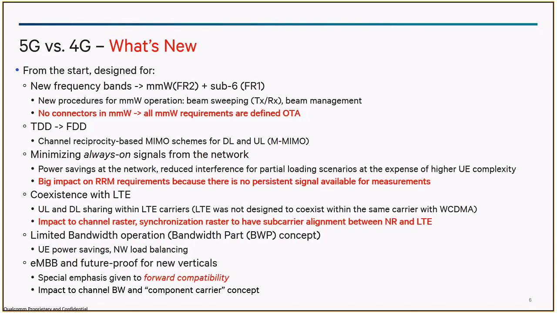For example, a network can deploy a 20 megahertz bandwidth and then ask the UE to focus only on 5 megahertz, which is its portion to monitor. Since it doesn't have to monitor outside of that, the LNA can do a scan of 5 megahertz in probably a few milliseconds, whereas for 20 megahertz it might take a few tenths of milliseconds. So that is one of the advantages you get in terms of power saving.